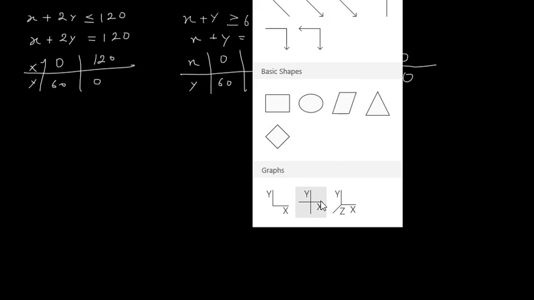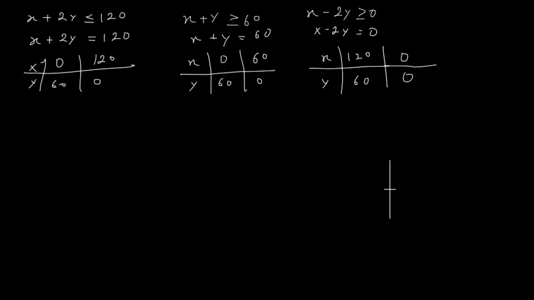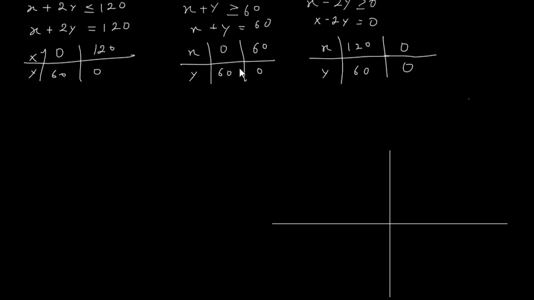So let us draw the graph. Okay. So first 0, 60. So better let us consider this point as 60 and this point as 120 on both the axes. Here it is 60 and 120. So first 0, 60. So this point. 120, 0, this point.